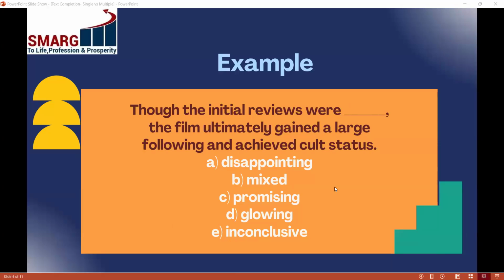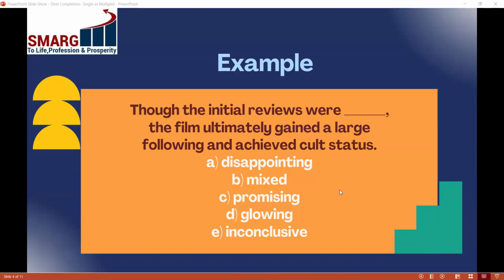So disappointing, mixed, inconclusive. So out of this, let me tell you, inconclusive is not correct. Yes, so anybody who chose E, inconclusive is not correct, because inconclusive ends up meaning that there was no conclusion per se, right?